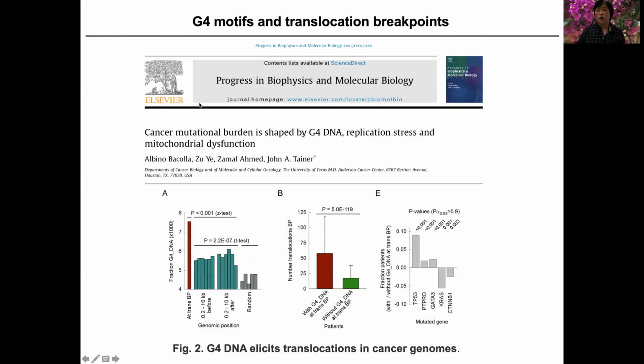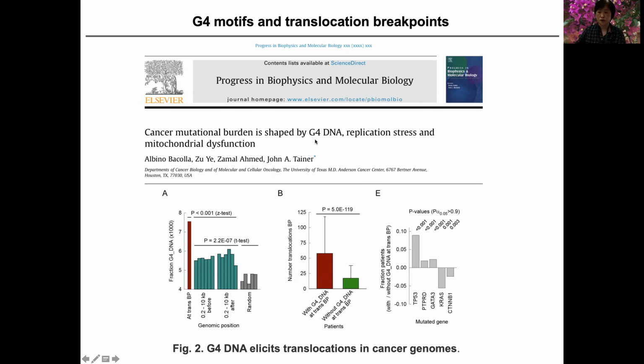And what people have been finding through bioinformatics study of cancer genomes recently is that cancer genomes contain lots of these mutations and recombinations and translocations everywhere in the genome, but specifically, they are very highly enriched at places where they contain very specific sequences that have a potential to form G4-DNA. So sequences that contain G runs are more prone to mutations and recombinations and translocations.